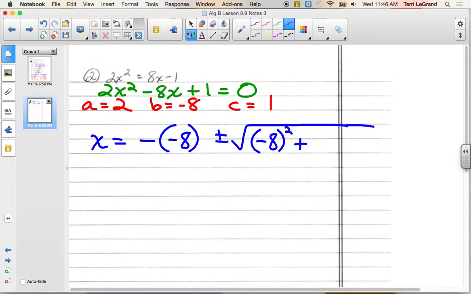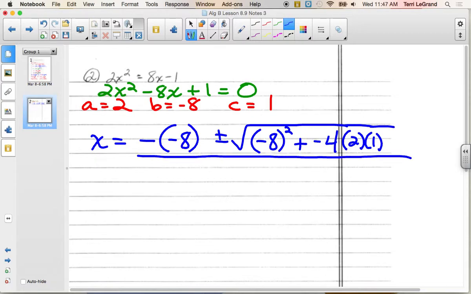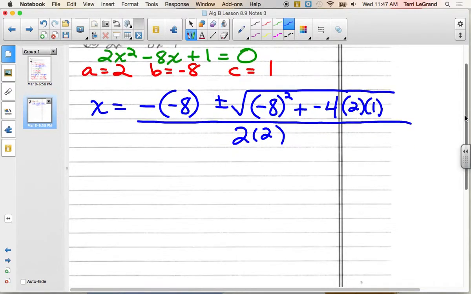I'm going to change it to plus a negative 4 times 2 times 1, all over 2 times 2. Okay, you go ahead and finish this problem up. Let's see if we can get the same solutions. I'll work here, you work at your desk.